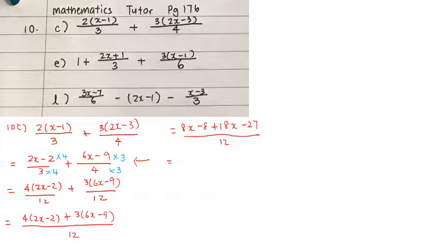Okay, now we group like terms together. 18x plus 8x, 26x, minus 8 minus 27, minus 35 over 12. And that will be our answer. Let's take a look at 10e.